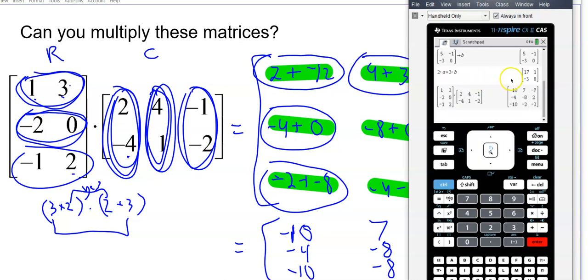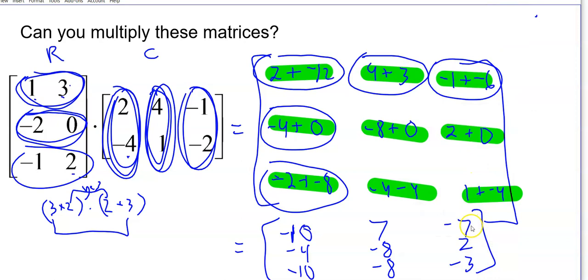Okay, -10, -4, -10, 7, -8, -2. Oh, I made a mistake. And then -7, 2, and -3.